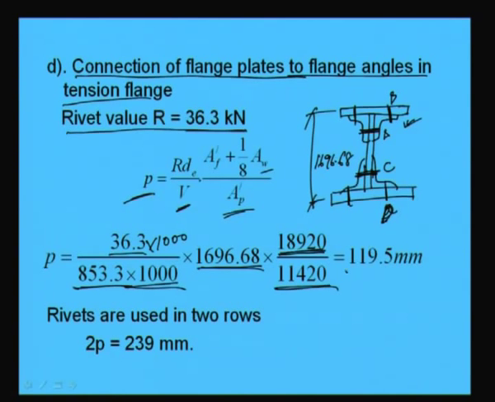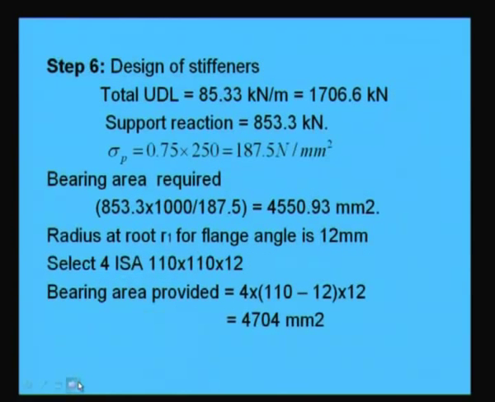So, we are going to get 119.5 millimeter. So, if we use 2 rows for the rivets, then the spacing, pitch distance will become 239, right. So, in this way we can find out the spacing.